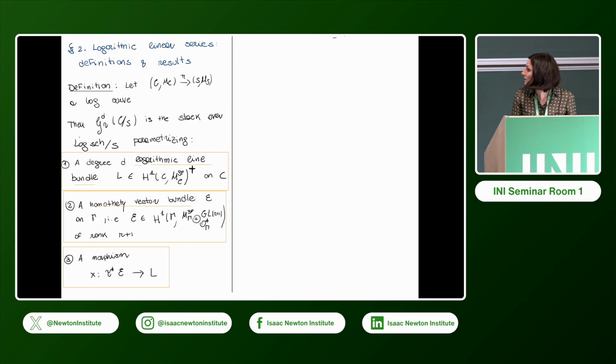A degree d logarithmic line bundle, I'll say more later of what it is, but in first approximation it is just a torsor under this group rather than under O star. A homotopy vector bundle on the tropical curve, which is also a torsor under a bit of a funny group. We're going to say more later about what it is.